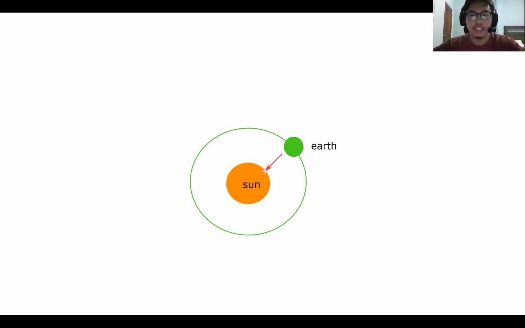And this gravitational force is always pointing towards the sun, towards the center of the circle. So that's gravity. And this gravitational force is also the centripetal force for this circular motion. Okay, so the gravity is the centripetal force.